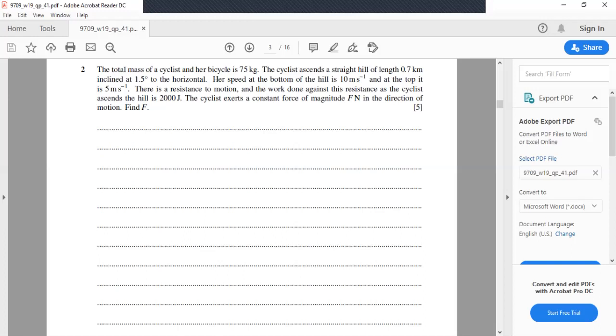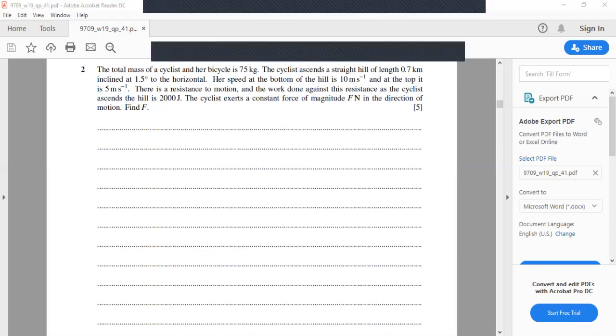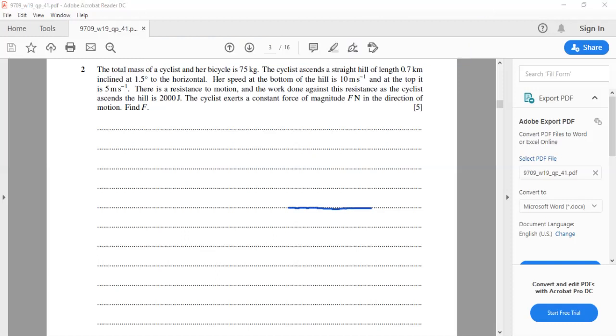So let's draw this diagram first so that it will be easier to calculate its value. The angle which the hill is making is 1.5 degrees.